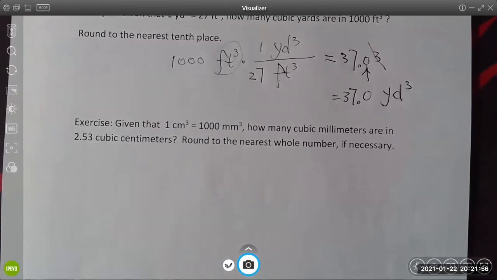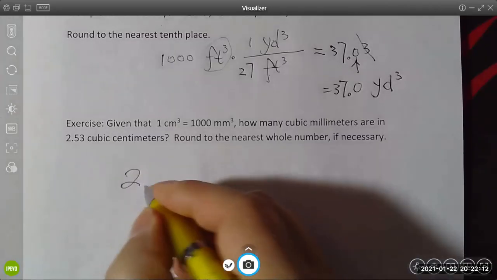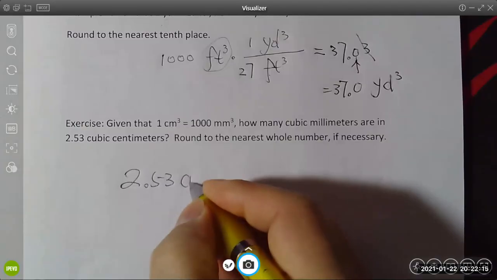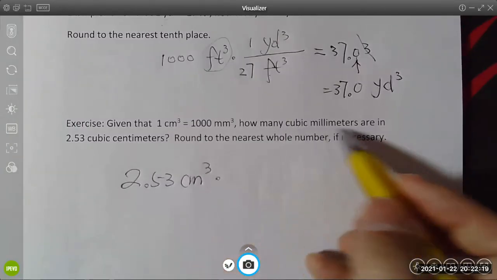Last one. Given that 1 cubic centimeter equals 1,000 cubic millimeters, how many cubic millimeters are in 2.53 cubic centimeters? So 2.53 cubic centimeters is given. We want to convert it to cubic millimeters.